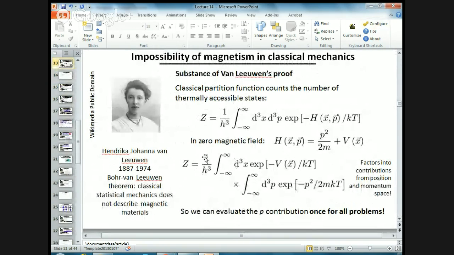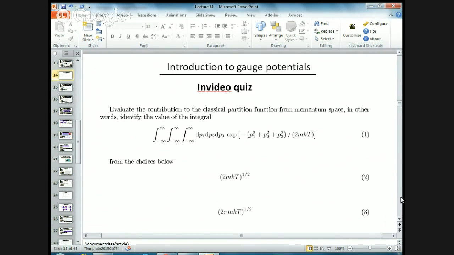Here's something we are able to do in classical mechanics because position and momenta commute. So we can take out the momentum space part, and we can do that universally once and for all time. Then fool around with the position as needed. In quantum mechanics, things don't separate like that.